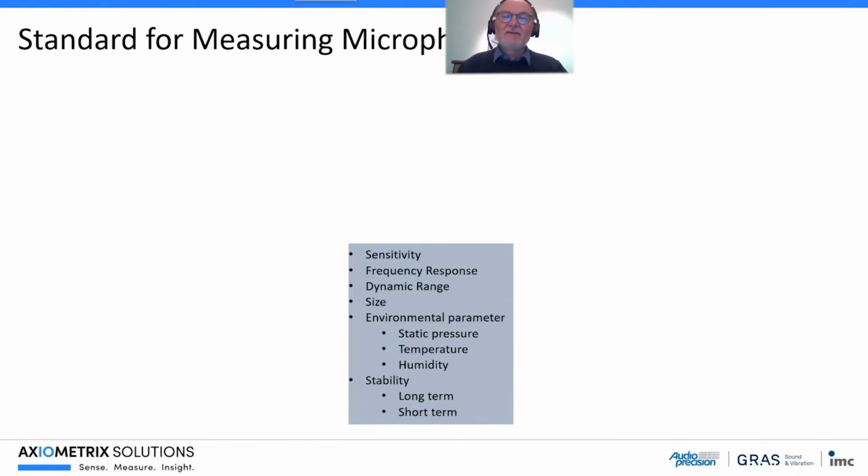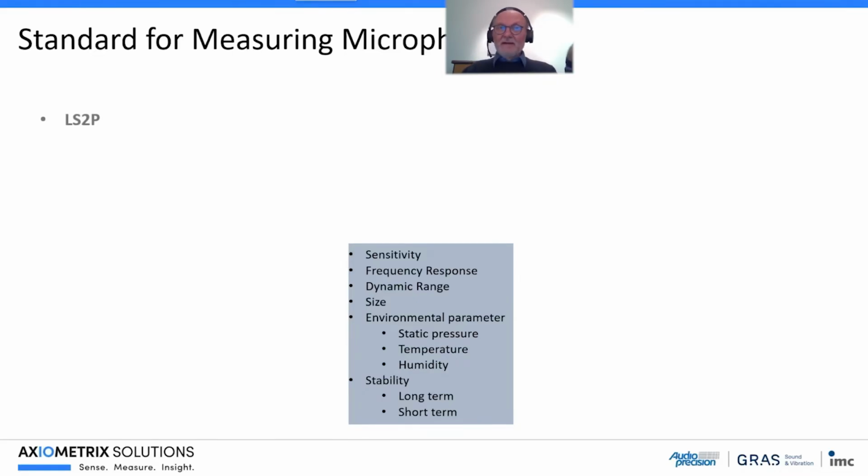It also describes the maximum influence of environmental parameters: pressure coefficients, temperature coefficients, humidity coefficients. It also describes how the microphone should behave in long-term as well as short-term behavior.